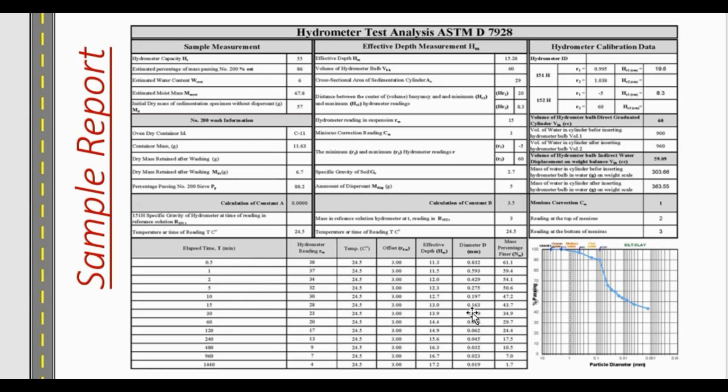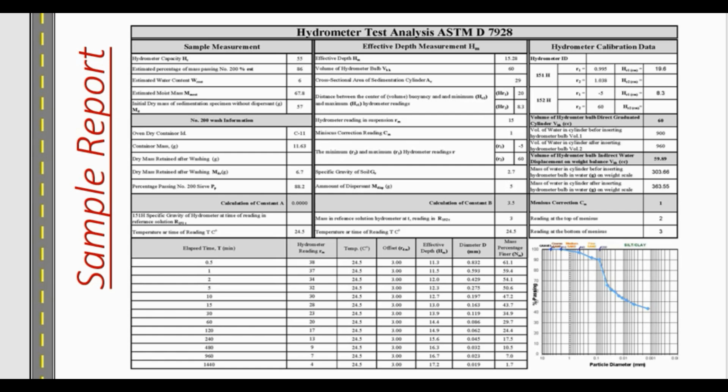On the basis of that reading, we will find out our percentage passing in the tabular form and draw a graph on which basis we can find out our CU, CC, coefficient of uniformity, coefficient of curvature, etc. That will be used in our further calculation of soil classification.